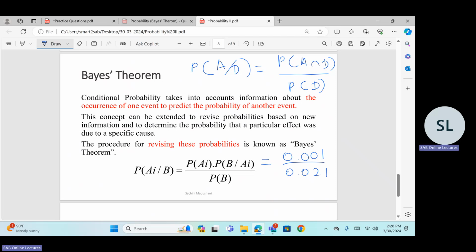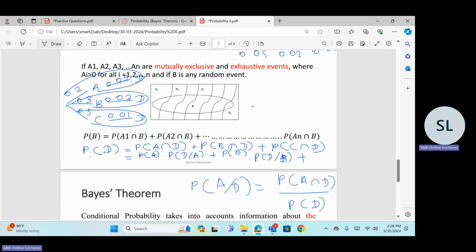In Bayes theorem, as in the conditional probability concept, we take the revised probability. In the tree diagram, we revise it. First we take the item that is defective, and we search which machine was used to produce that defective item.